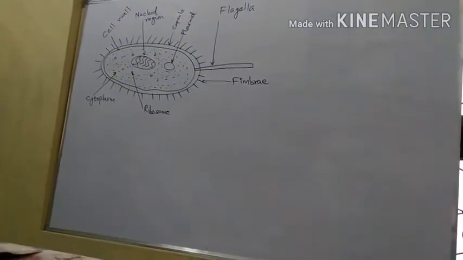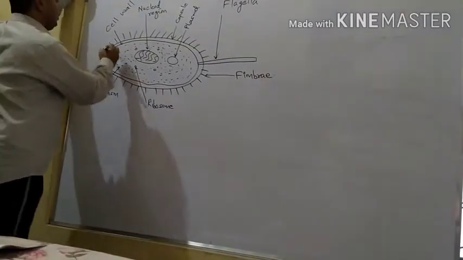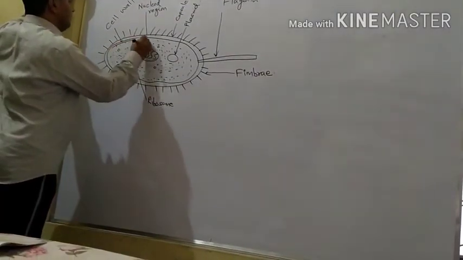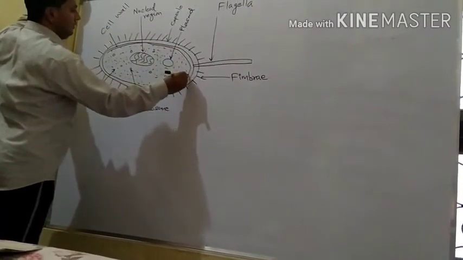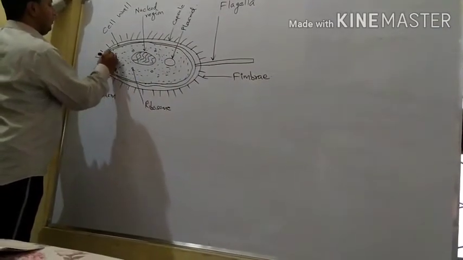And behind the cell wall, the cell membrane is also there, which I have not drawn. This is the cell membrane inside the cell wall.